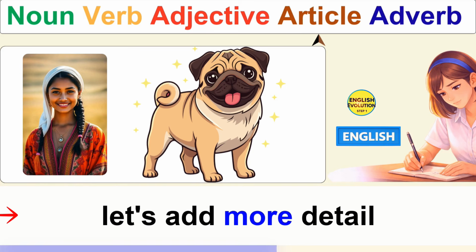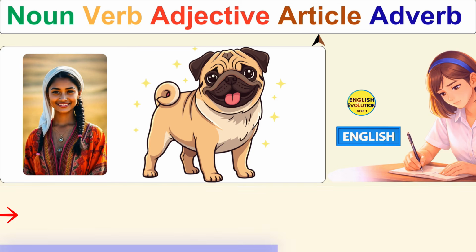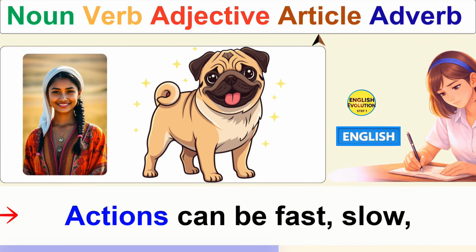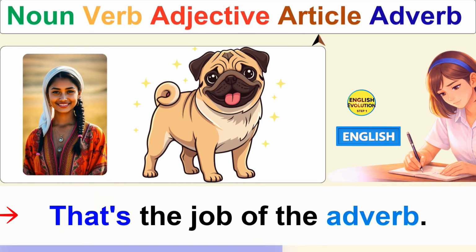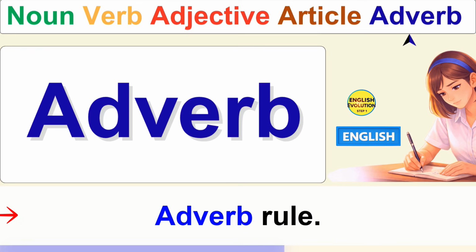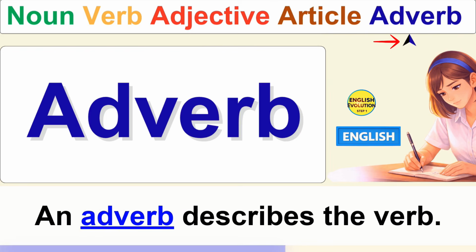Now let's add more detail to the action. Actions can be fast, slow, today, tomorrow, here, or there. That's the job of the adverb. Adverb rule. An adverb describes the verb.